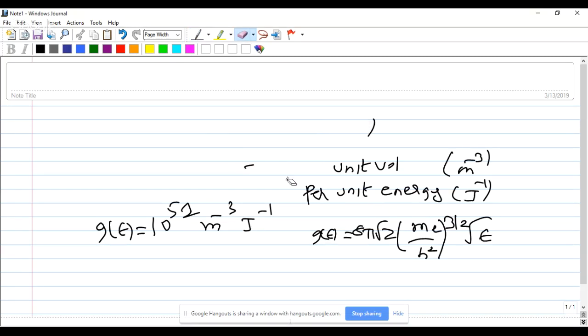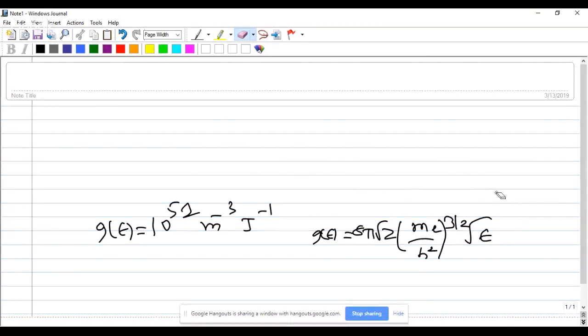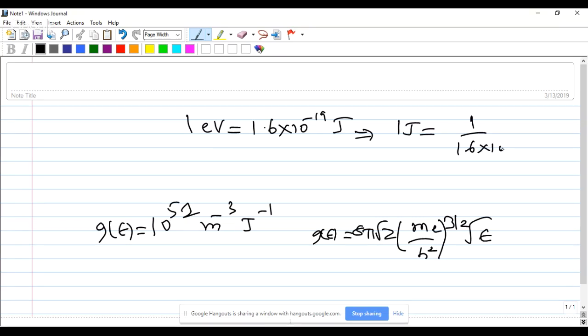So I'll just erase the top part. So we say that 1 eV is 1.6 times 10 power minus 19 joule. So that is the definition of electron volts, which implies 1 joule will be 1 over 1.6 times 10 power minus 19 eV.